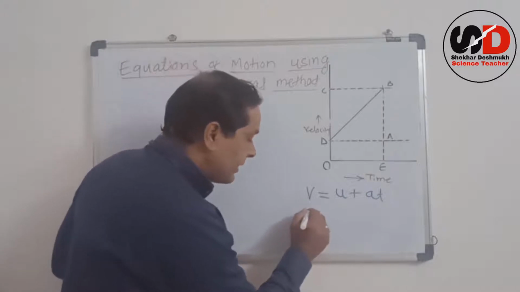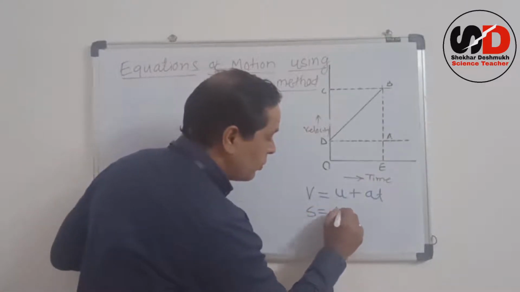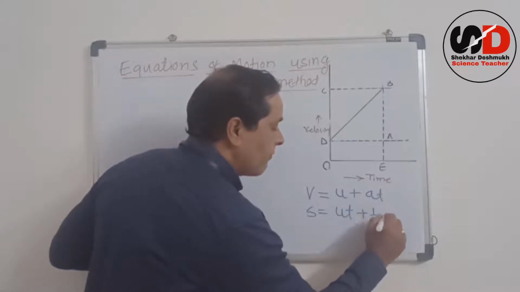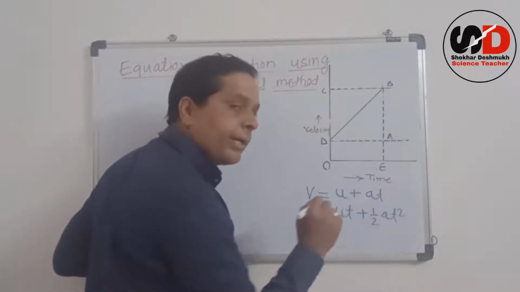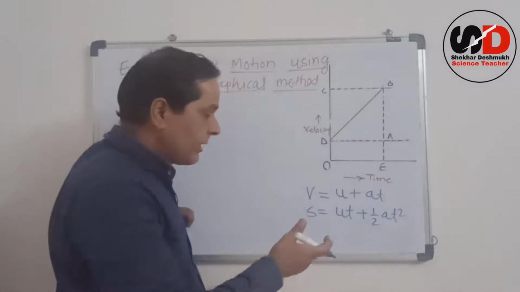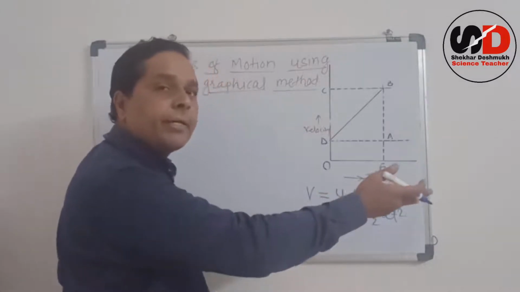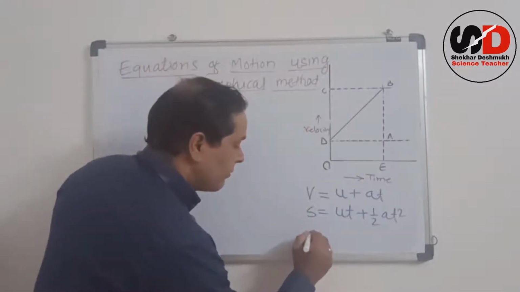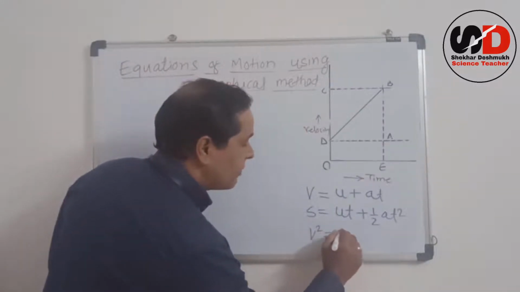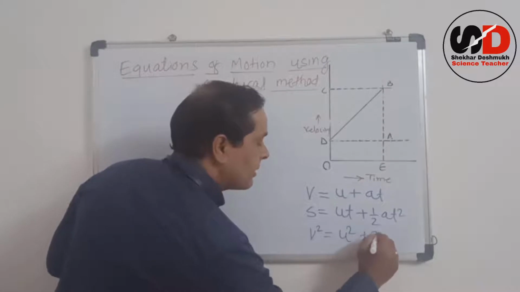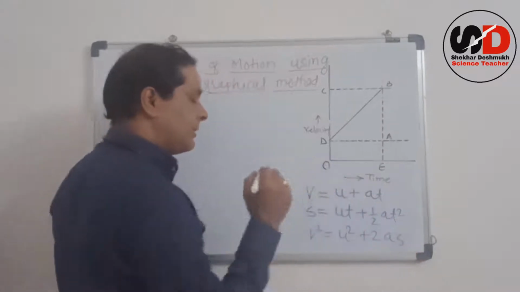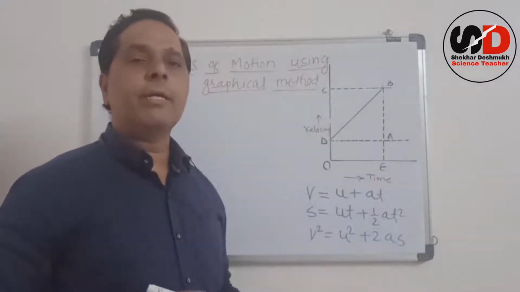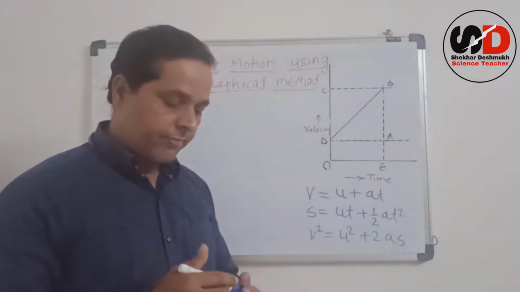Then the second is S is equal to UT plus half AT square, which is the displacement-time relation. And the third equation is V square is equal to U square plus 2AX, which is the velocity-displacement relation.